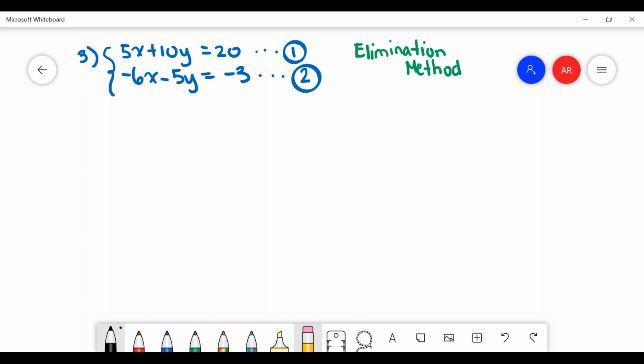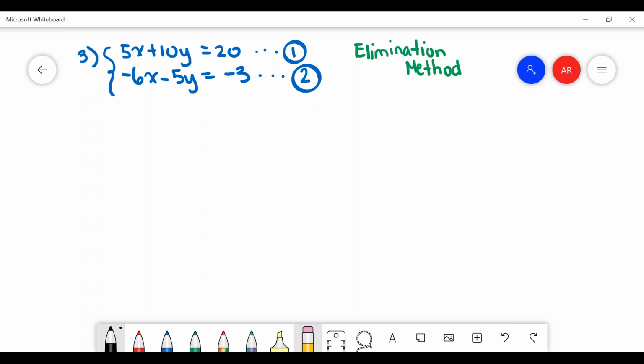This is because, unlike the previous question, you're not given the opposite coefficients for variables right away. Like in the last question, you were given minus 2y for the coefficient of y for equation number 1 and positive 2y for the coefficient of y in equation number 2. So you're already given opposite coefficients for your variables, so it's easy to add these equations up and just eliminate a variable. However, in the case of this question, you are not given that. So you need to make that yourself.